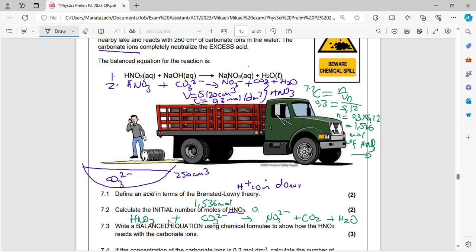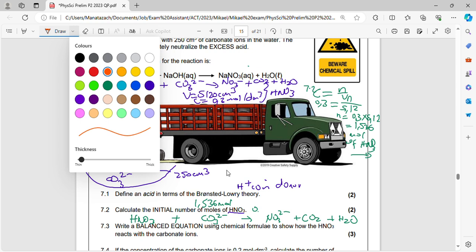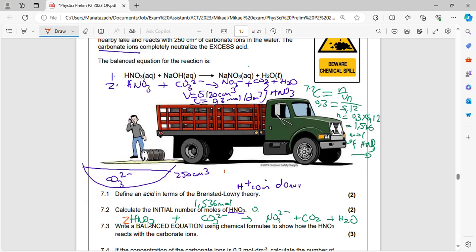First of all, you've got 1 C, so the carbon is balanced. And then what about the hydrogens? You've got one hydrogen, then you've got two hydrogens on the right hand side. So the hydrogen is not balanced. Let's balance the hydrogen. We'll write a 2 here. Now the hydrogen is balanced.